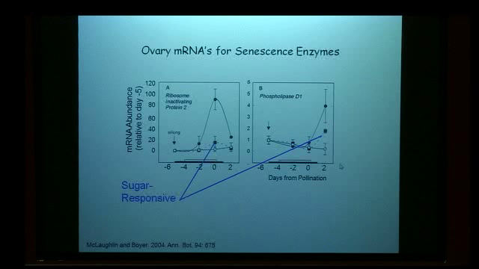And these 2 were upregulated. The other 2, which were DNase and ribonuclease encoding genes, did not respond to the drought and did not respond to sucrose feeding.